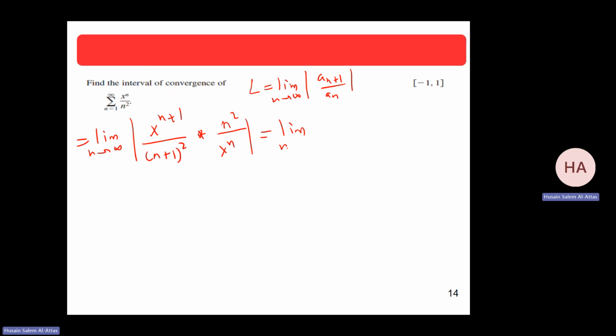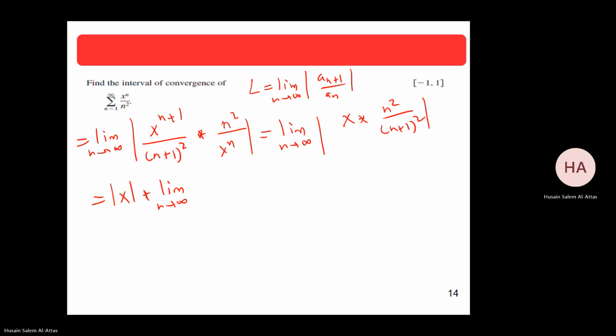That will be the limit of x times n squared over (n plus 1) squared, and that will be the absolute value of x times this limit.